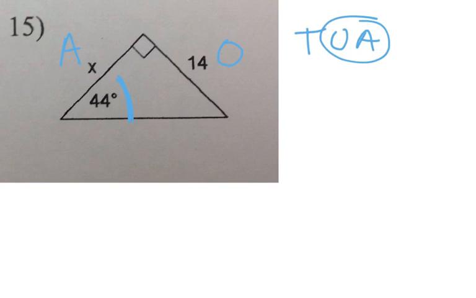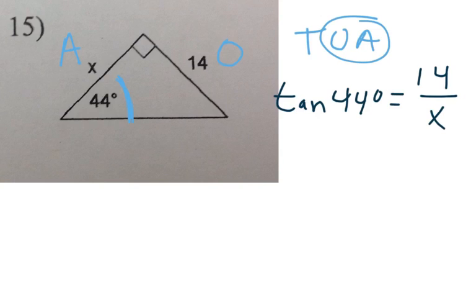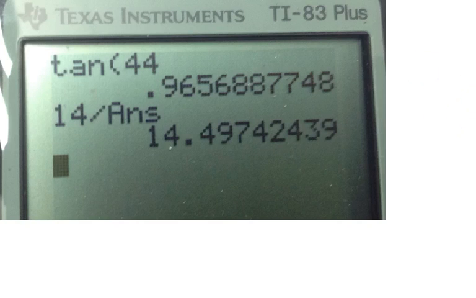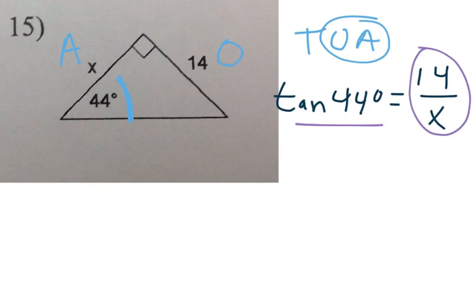So I know, therefore, that the tangent of 44 degrees is going to be the opposite over the adjacent. Now notice how this ratio or fraction is upside down, right, guys? So we're actually going to do some dividing on this one if you don't know. But anyways, let's find the tangent of 44 first. The tangent of 44 is 0.9656, as you can see there.